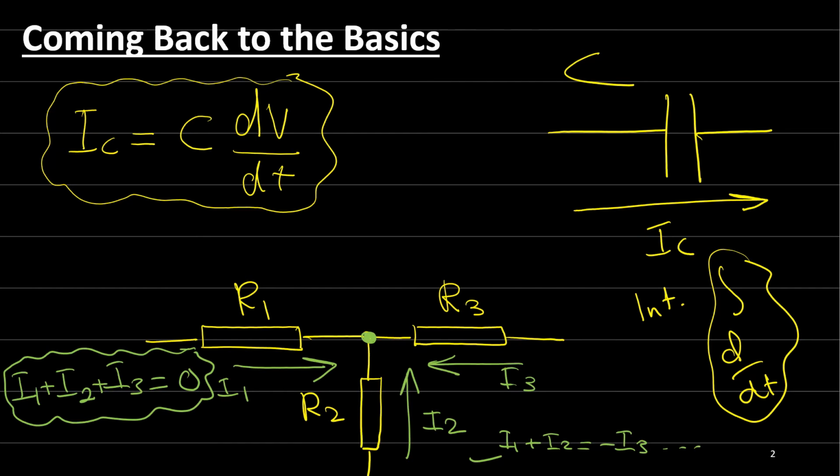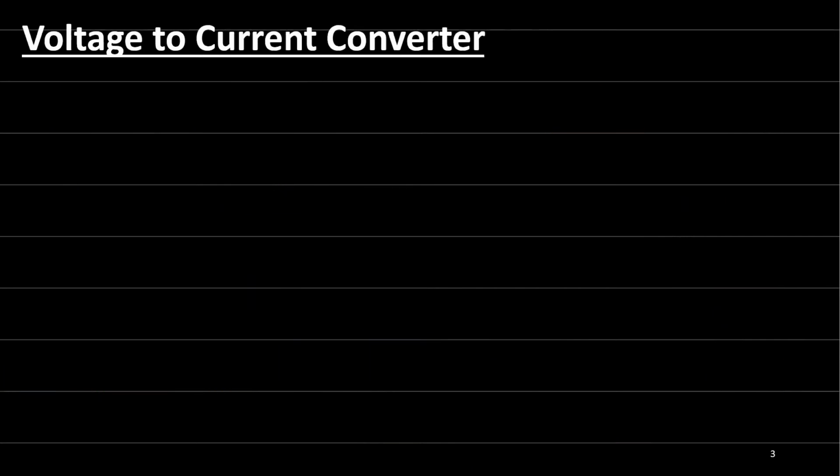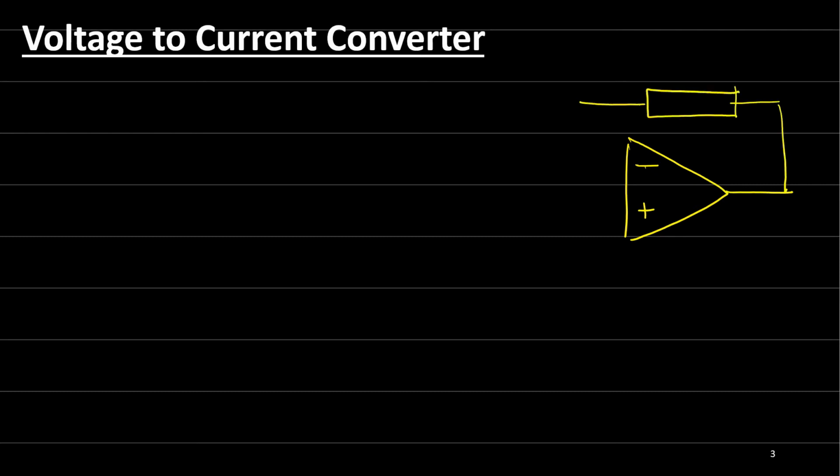Let's go and look at the first circuit of the operational amplifier. Here we have an operational amplifier, with inverting and non-inverting inputs. Here we have a resistor, and here we have another resistor. This input is connected to ground, and the non-inverting input is connected to V input.